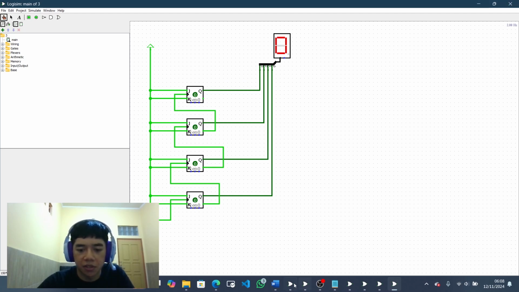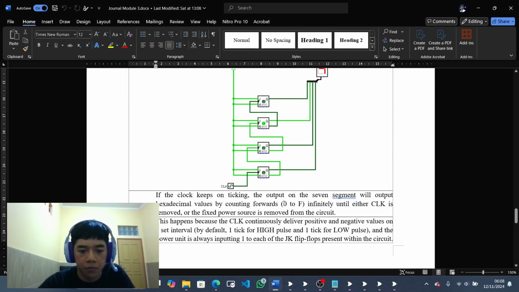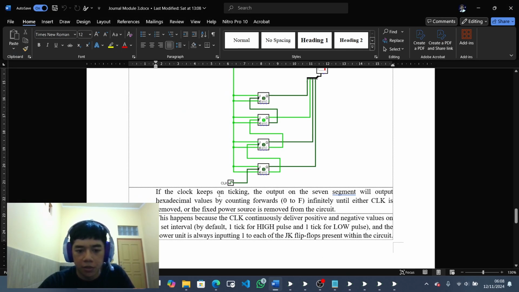That's basically self-explanatory. If the clock keeps ticking, the output on the 7 segment will show hexadecimal values, counting forwards 0 to F infinitely until either the clock is removed or the fixed power source is removed from the circuit.